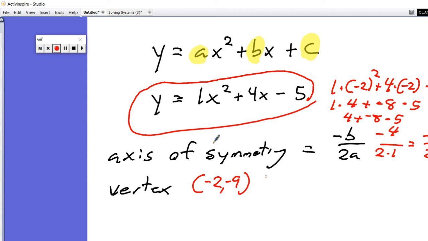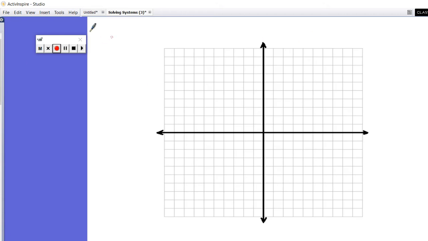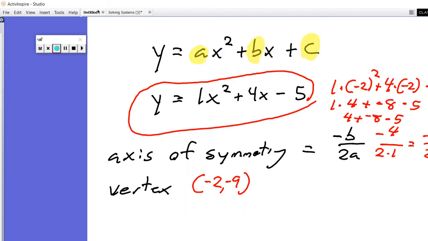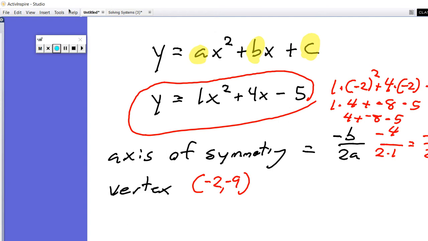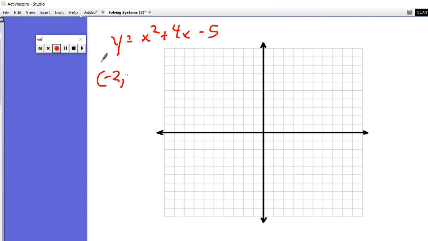Okay, so if I translate that to a graph, same equation, y equals x squared plus 4x minus 5. We already know the vertex, which is (-2, -9).